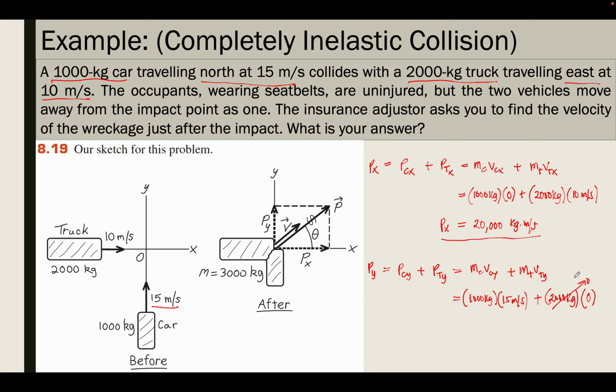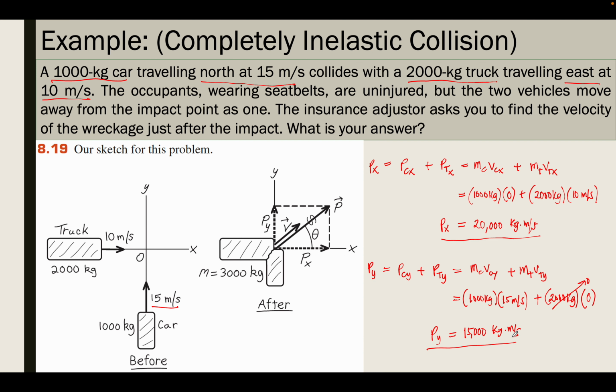So again, this one becomes 0. So we have 1,000 times 15 is equal to 15,000 kilogram times meter per second. So this is now our p sub x and our p sub y.